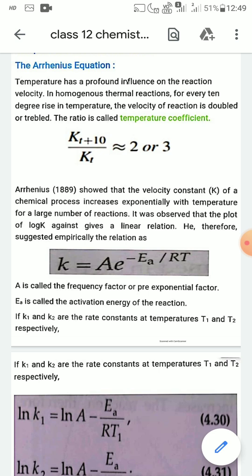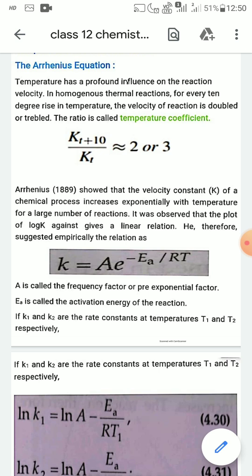This is called the Arrhenius equation, and it shows the relation between velocity constant K and temperature.